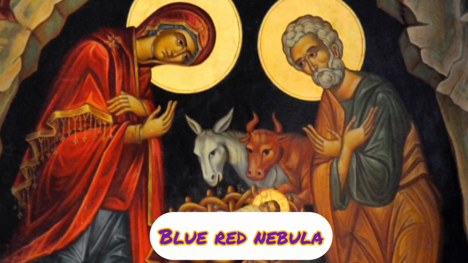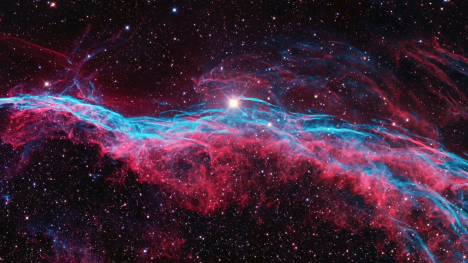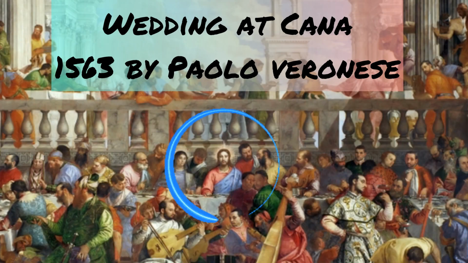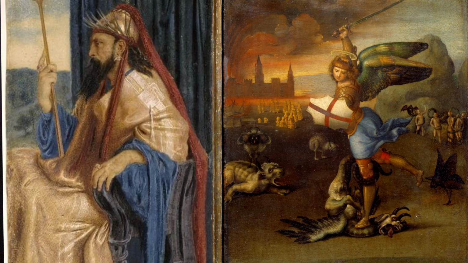Now, the intersection of these nebulae creates hydrogen, and again it's represented in the colours red and blue. Artwork going back centuries all contain these colours.